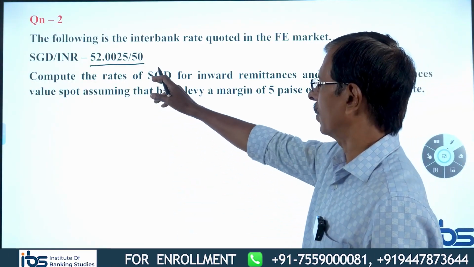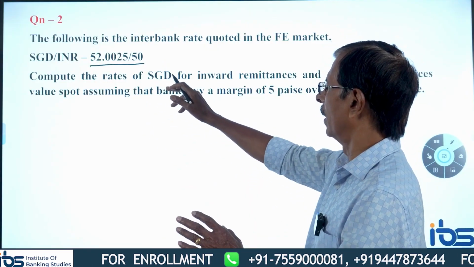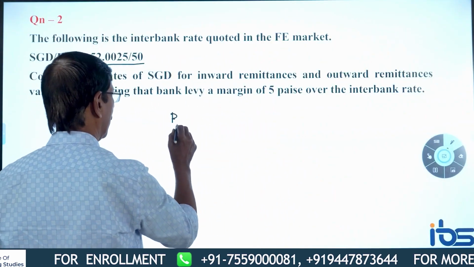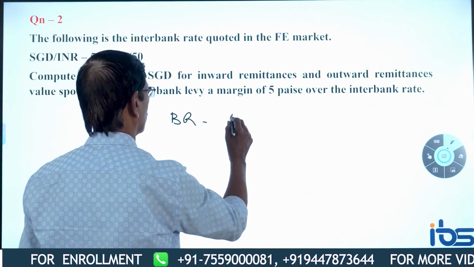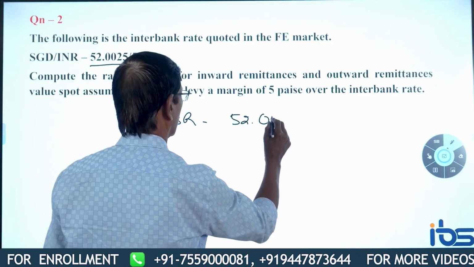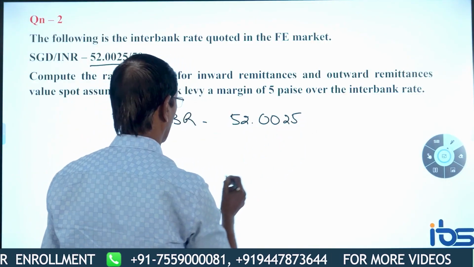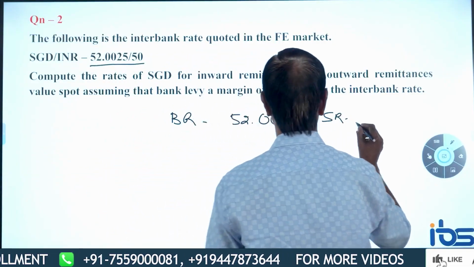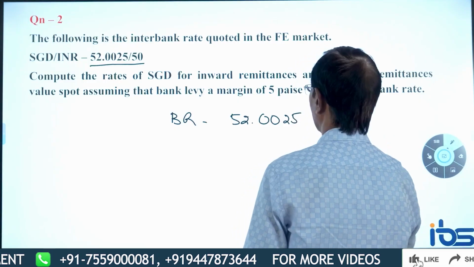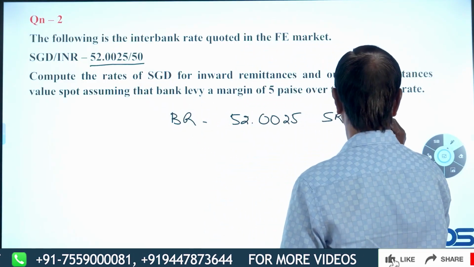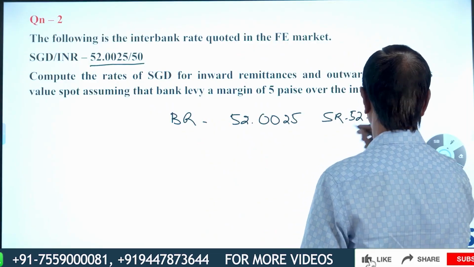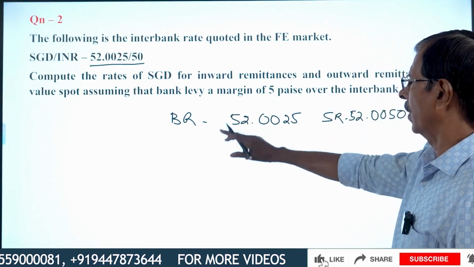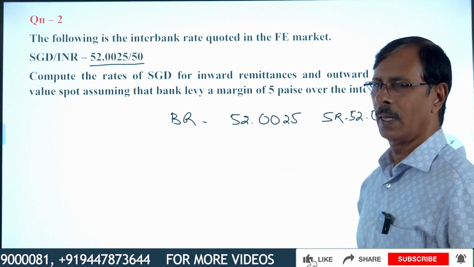The first rate 52.0025 is the buying rate and 52.0050 is the selling rate. Now the question is, what is the rate you apply for an inward remittance and what is the rate you apply for an outward remittance?